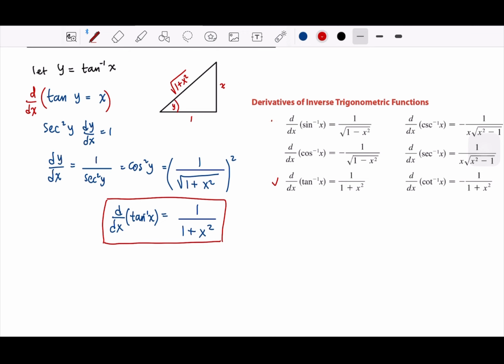I think the first three are very important, and at least the first three will appear quite often. The most frequent is the tangent inverse, because the form when we derive it is quite common. We can see this 1 over 1 plus x squared.